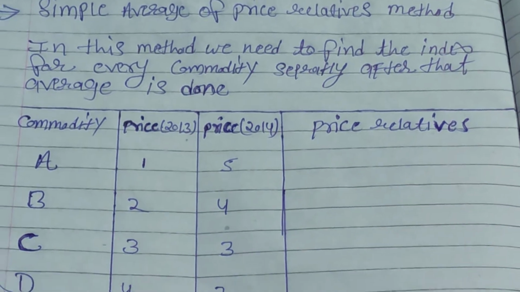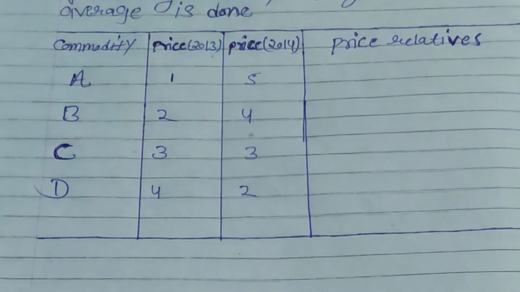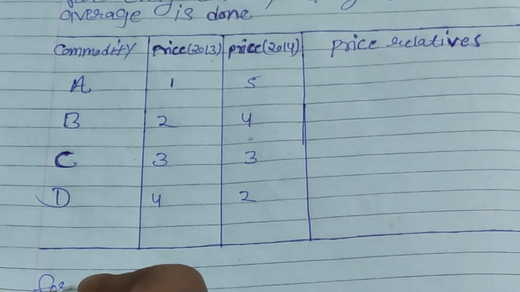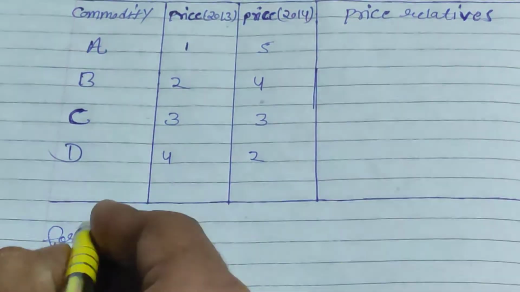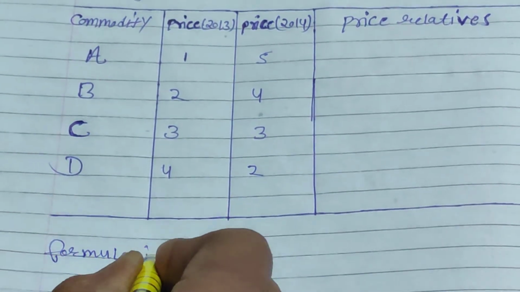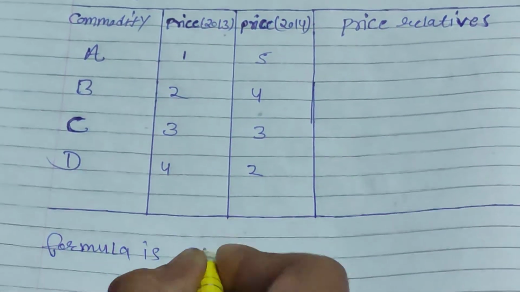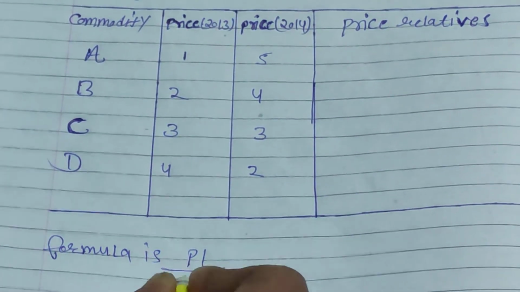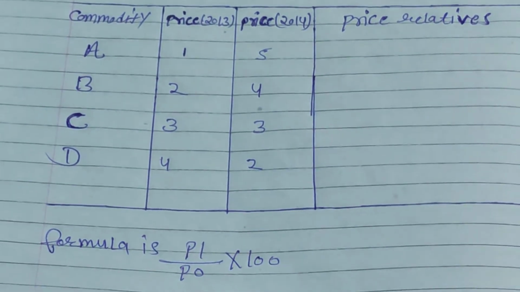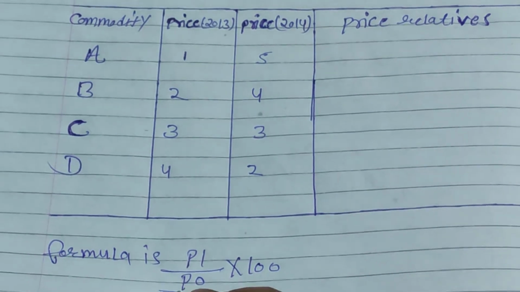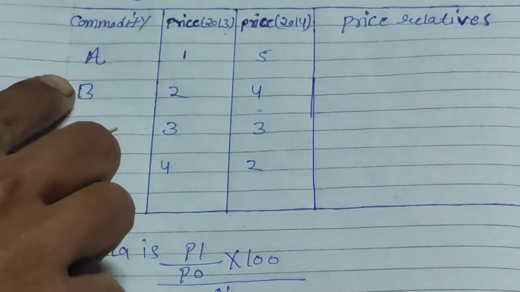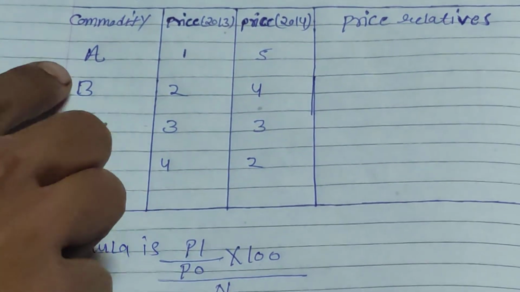So the formula is: the sum of P1 divided by P0 into 100, and divide by n, where n denotes the total number of commodities like A, B, C, D.